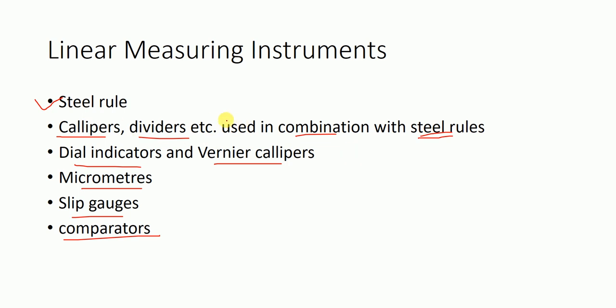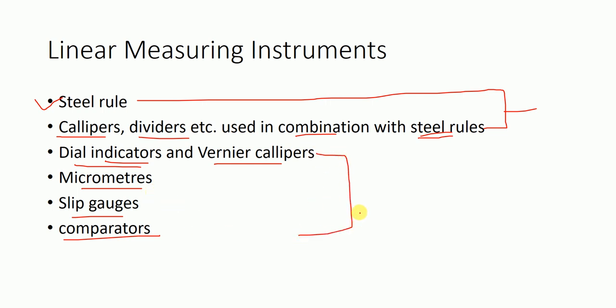Amongst these instruments, the first two are non-precision type of instruments. They are used simply for the inspection of the component, to check whether it is in the range which we require or not. But the instruments given after this, that is dial indicator, vernier caliper, micrometer, slip gauges and comparators, are all precision type of instruments.